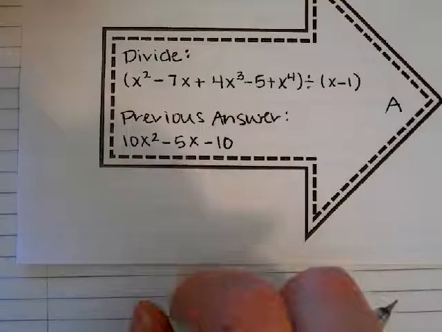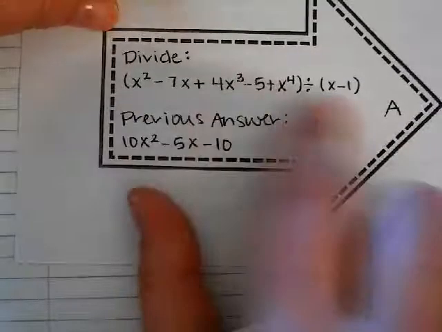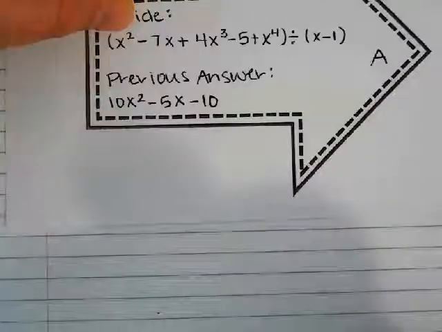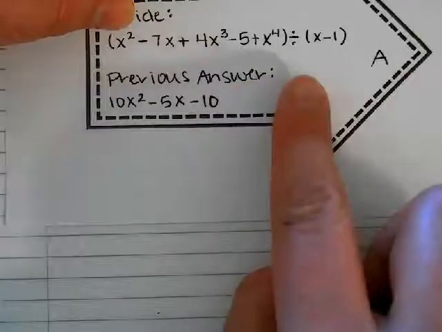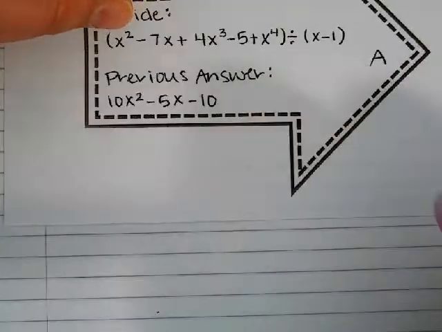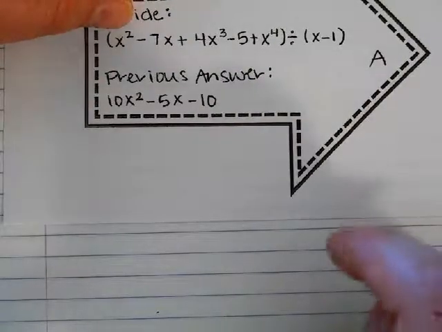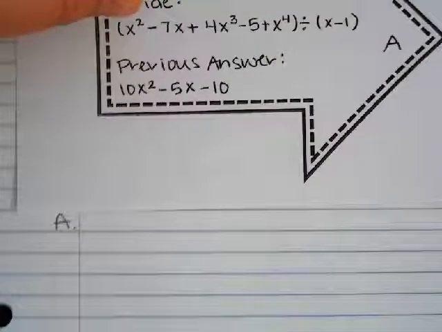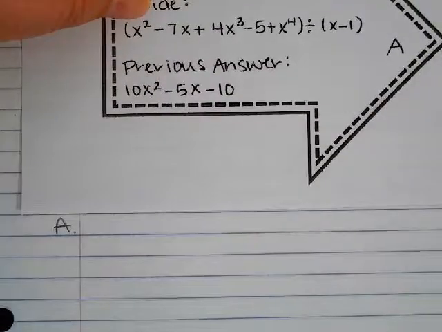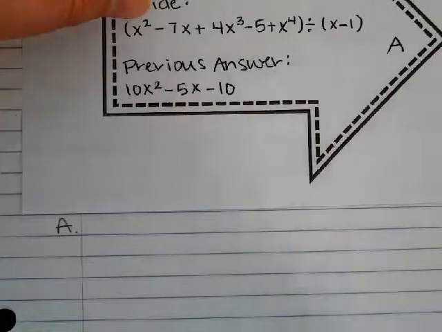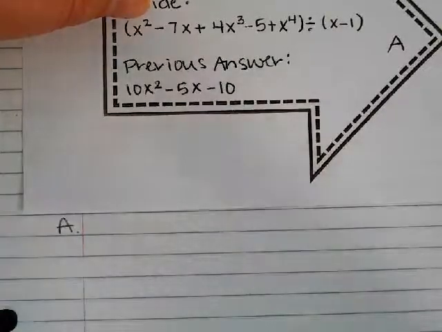Okay, so here is the card. It says this is the problem, this is what we're dividing. So I'm going to go ahead and write the problem on my paper. If you want to go ahead and fix the problem as you write it on your paper, that is fine. So you have one stack of cards per group, but everybody should be doing the work on their individual papers.